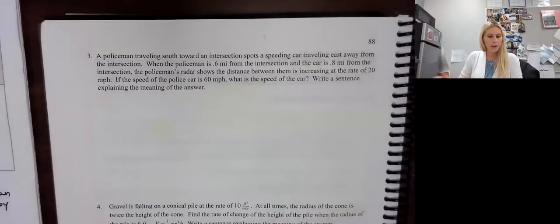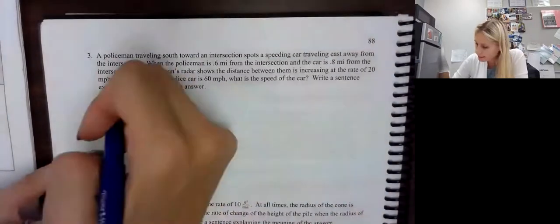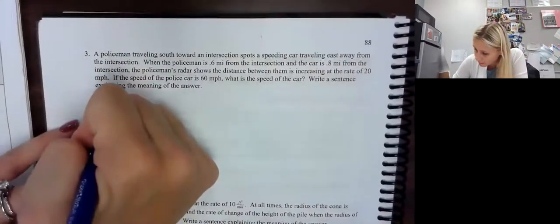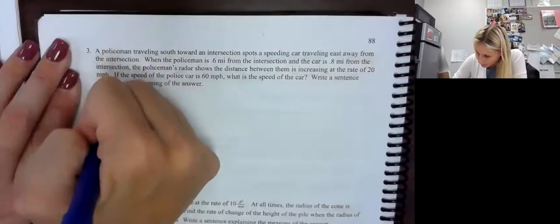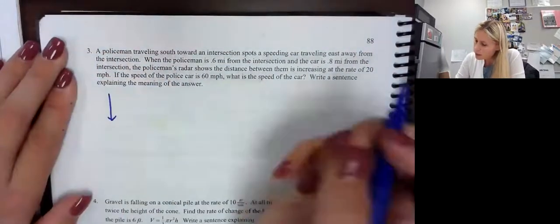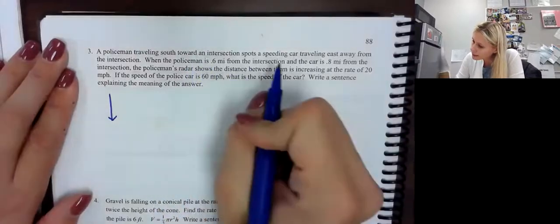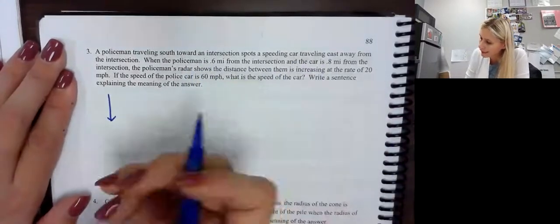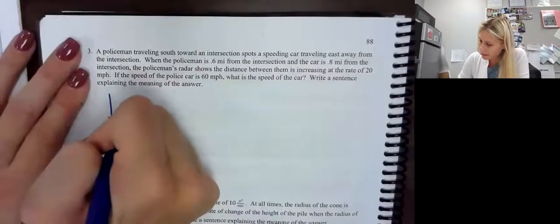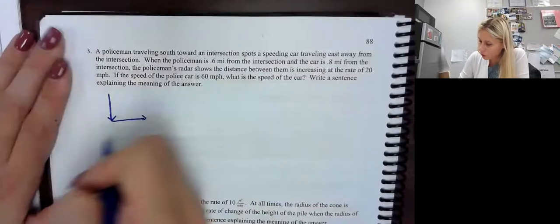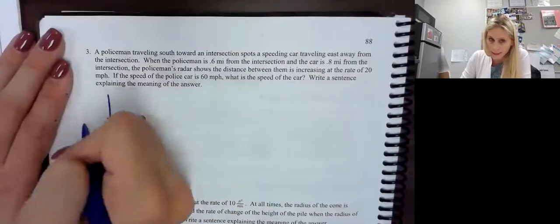A policeman is traveling south towards an intersection. So let's make this the intersection, okay? And he's traveling south when the policeman spots a speeding car traveling east. So he sees a car and it's going this way. Of course, I wouldn't go over here because he wouldn't see over here, right?